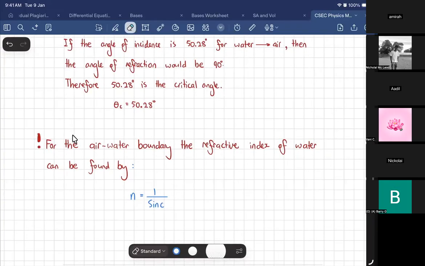Right, so for the air to water boundary, the refractive index of water could be found by n is equal to 1 over sine c. That's it.